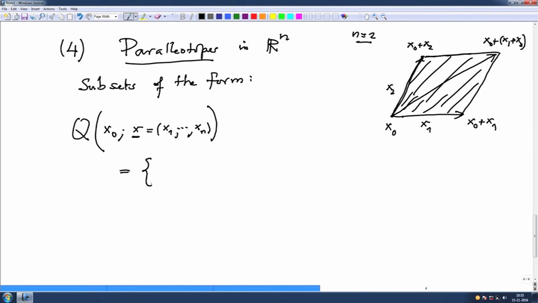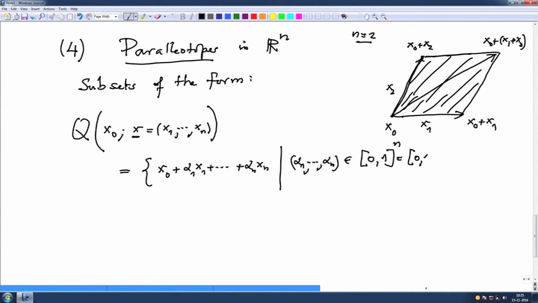These are all sums like this, x0 plus alpha 1 x1 plus ... plus alpha n xn, where this alpha 1 to alpha n tuple varies in [0,1]^n. Power n means the product of [0,1] so many times, n times.